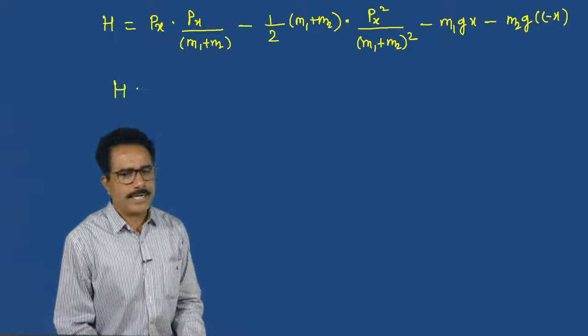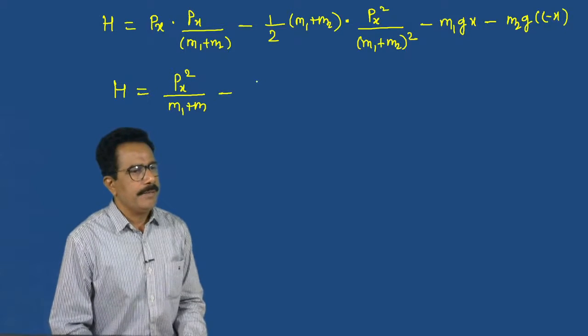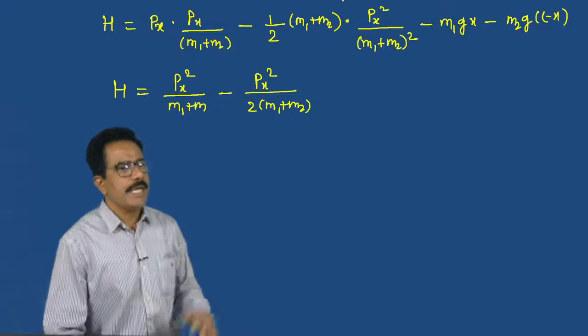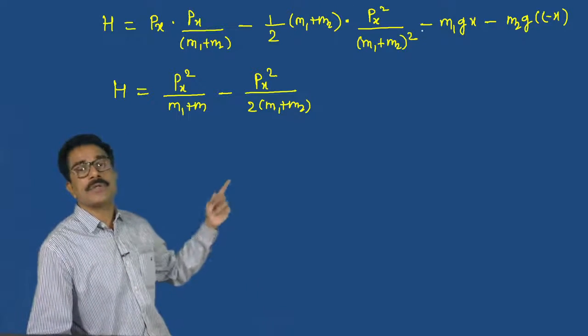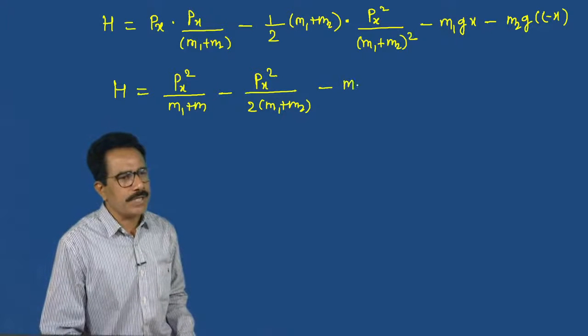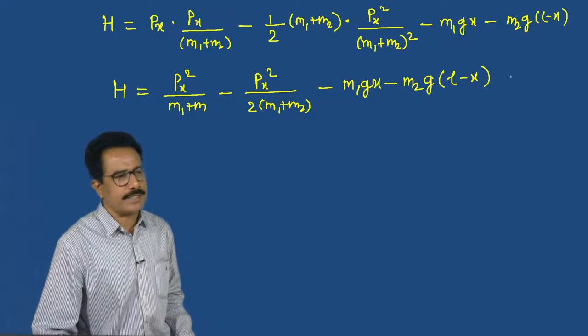So we can write H is equals to px square upon M1 plus M2 minus px square divided by 2 M1 plus M2. हे कॅन्सल होतं पहा, एक ब्रॅकेट कॅन्सल होतं, याच्यासोबत 2 राहतो, मायनस M1 gx minus M2 g into L minus x.